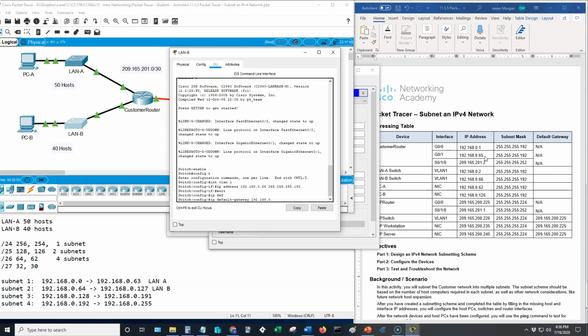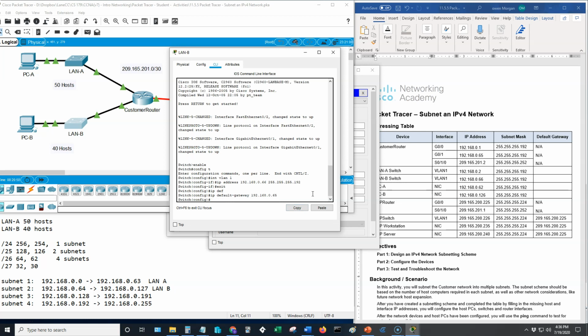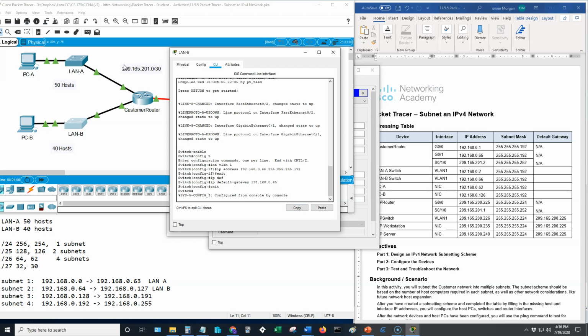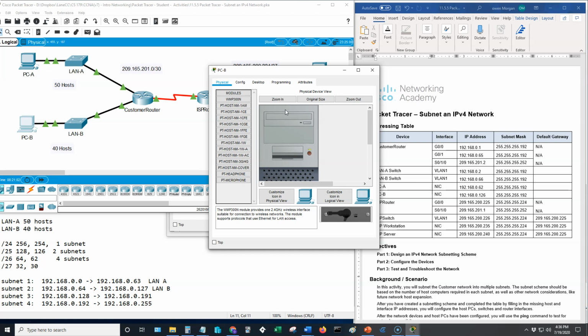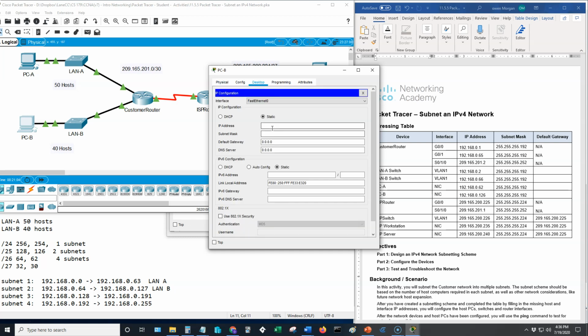Make sure we look back in our scheme. This is 65. So we'll exit out of this, and then we'll go to the PC. Give it its IP address 192.168.0.126. And appropriate default gateway is 192.168.0.65.